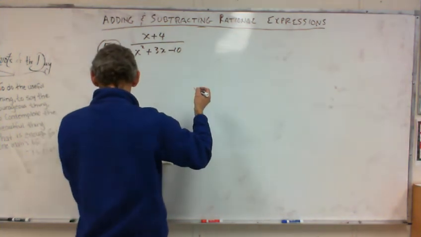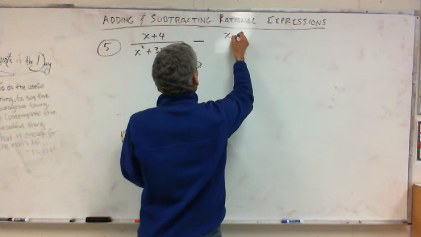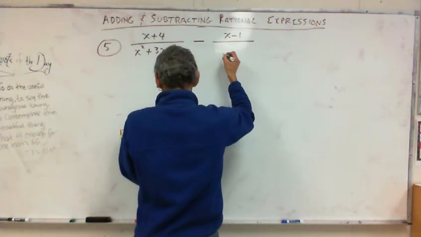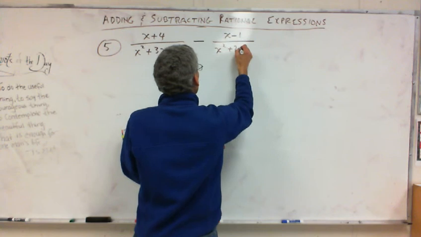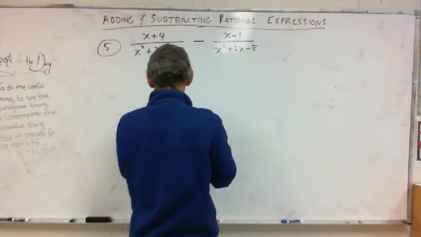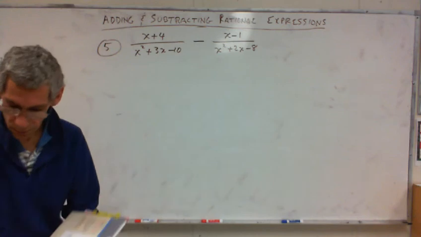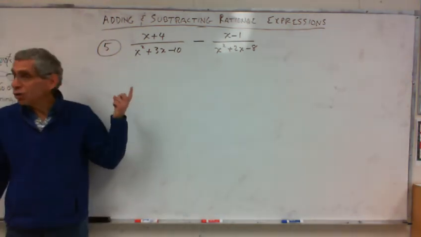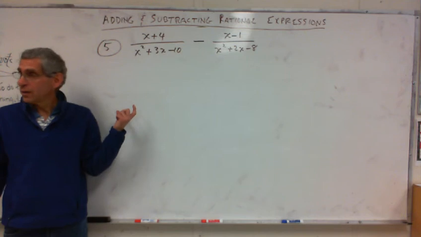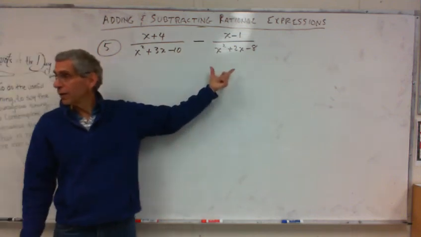Okay, x squared plus 3x minus 10 minus x minus 1 over x squared plus 2x minus 8. Now I'm just going to double check I wrote this right. So now I have 2 rational expressions with quadratic trinomials in the denominators.